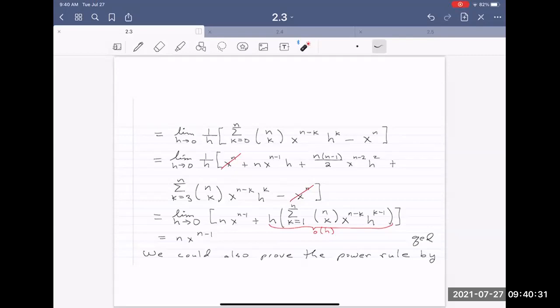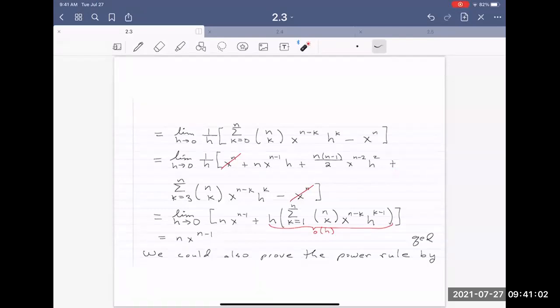And let me write out, not that you really need to, what happens when k is 2. So this is n choose 2, which is n times n minus 1 divided by 2. Replace k here by 2, so this is x to the n minus 2. Replace k here by 2, so h to the k becomes h squared.